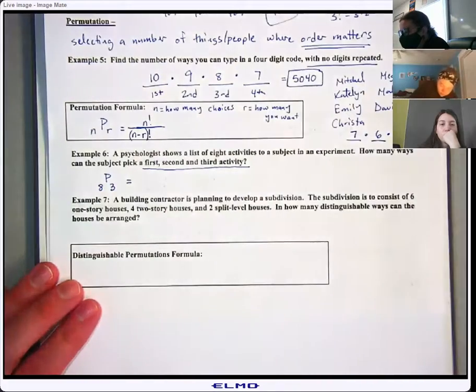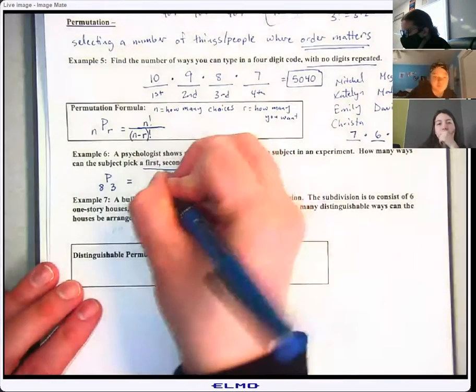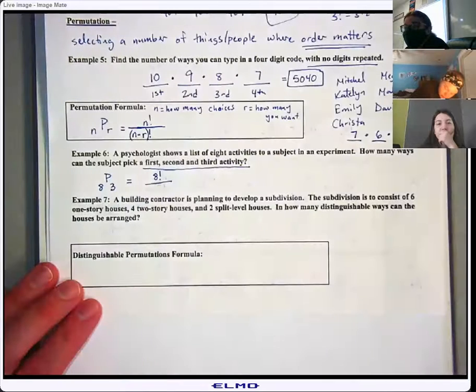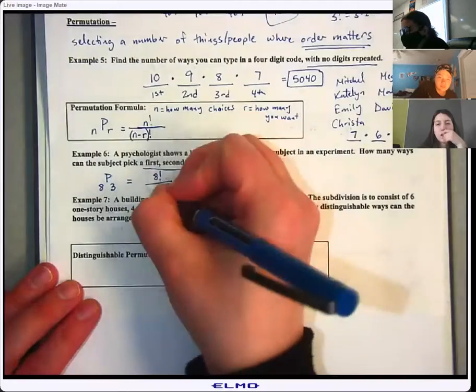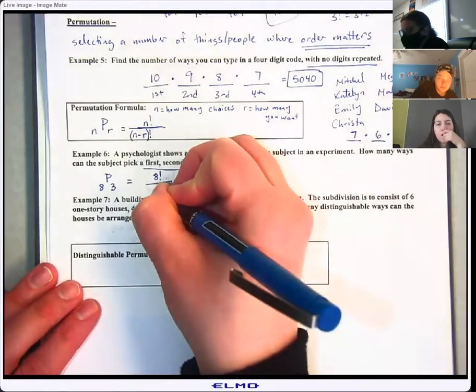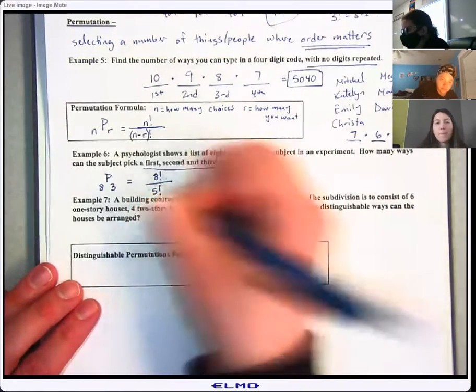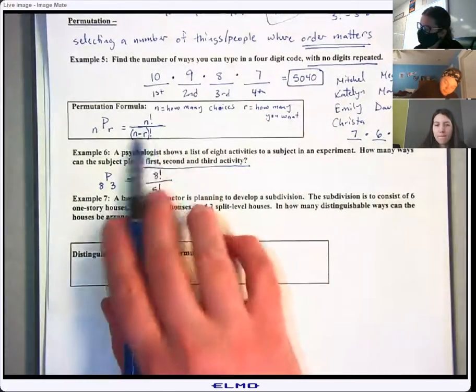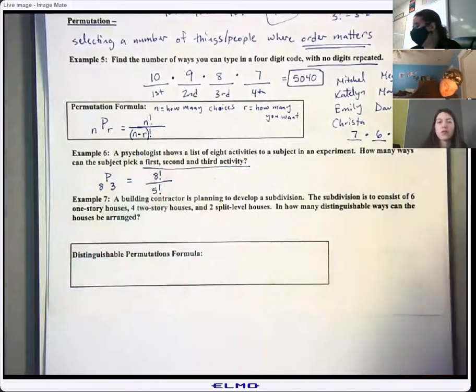So we're going to do this 2 different ways. The first way we're going to do this is by doing 8 factorial divided by, what should be on the bottom, guys? Three, which is 5 factorial. All right, so the top is that 8 factorial, that's how many choices you had, and the bottom is 8 minus 3 factorial.